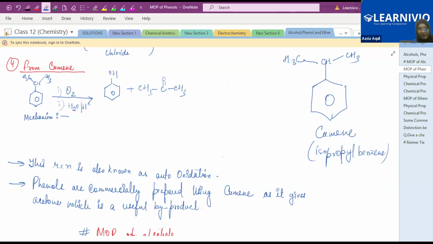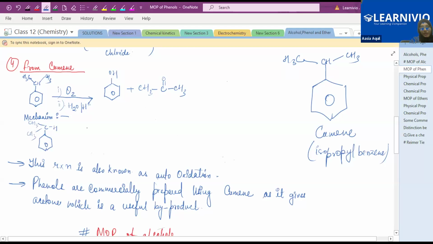Now let's understand the mechanism. So first, you just take the cumene. This is cumene, isopropyl, this CH. This is a benzene, and here CH and CH3, CH3, isopropyl benzene.